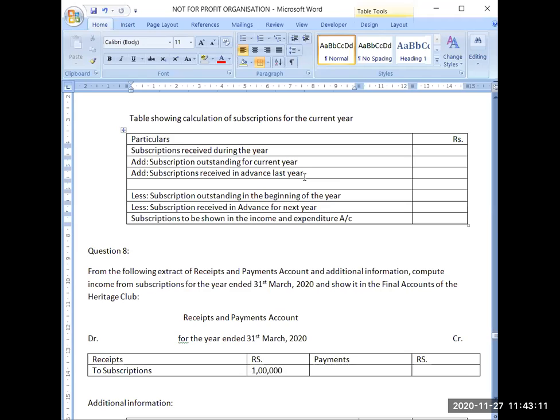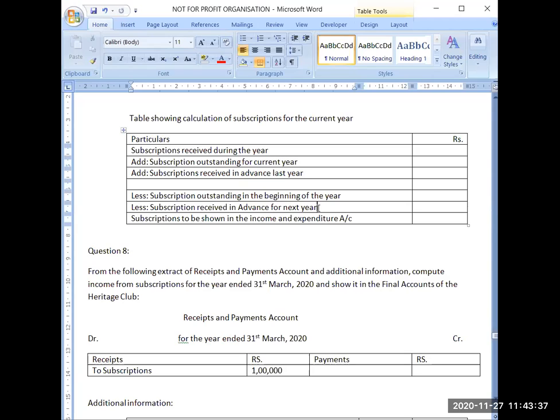It is the income of the current year. That's why we are adding it in the amount received, because this amount will not be received again from the members in the current year. This is already paid by them last year. So we have to include that amount. And because this amount was received last year, so it was a liability for the last year.